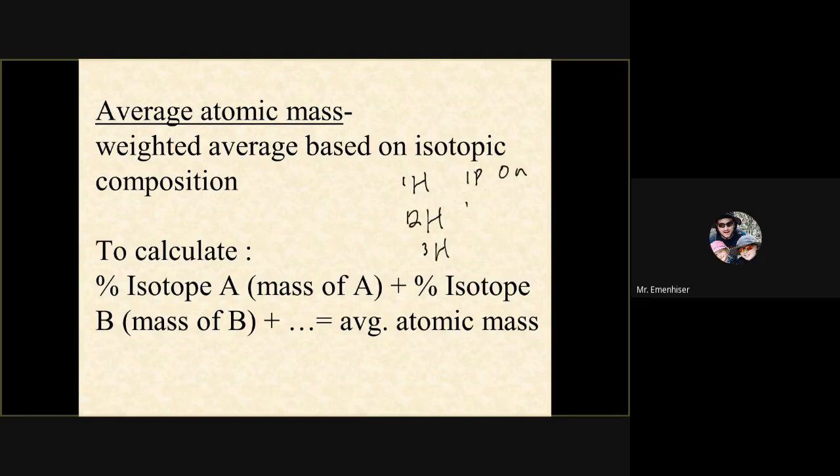Hydrogen 2 has 1 proton and 1 neutron. We're not worried about electrons here. Hydrogen 3 has 1 proton and 2 neutrons. So notice that the number of protons is the same because it is hydrogen, but the number of neutrons is changing, right? So that's an isotope. Iso means same, so same element. It's a version of an element with a different mass. Okay.